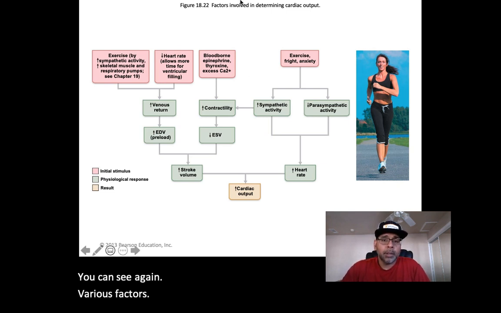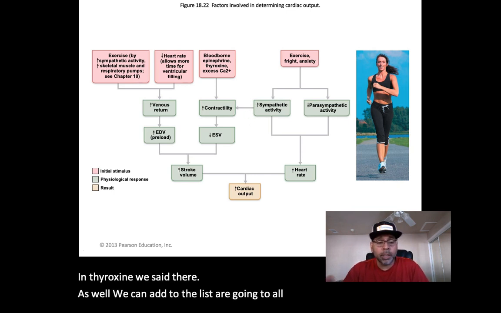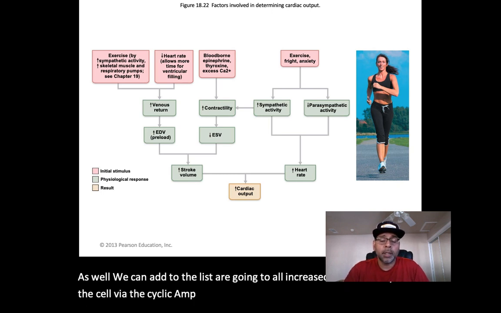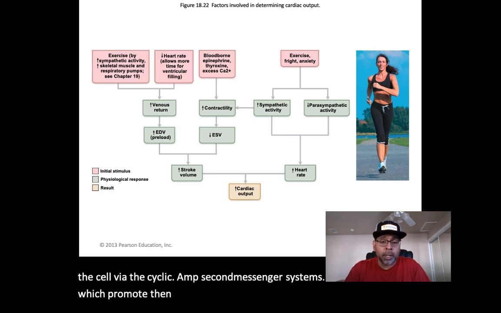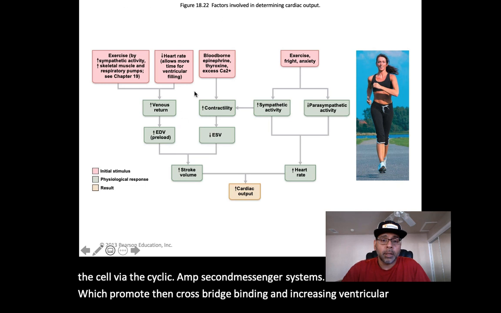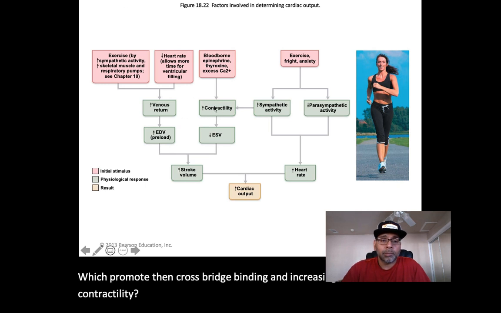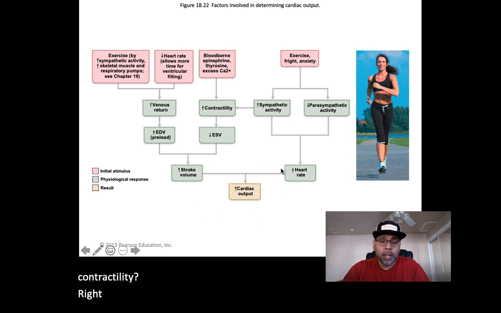Epinephrine, norepinephrine, and thyroxine, as we can add to the list, are all going to increase calcium entry into the cell via the cyclic AMP second messenger systems, which then promote cross-bridge binding and increase ventricular contractility. Right? Stroke volume going up, cardiac output going up.